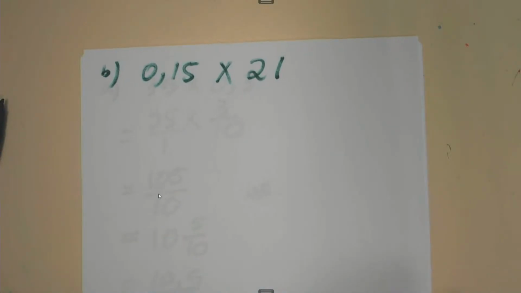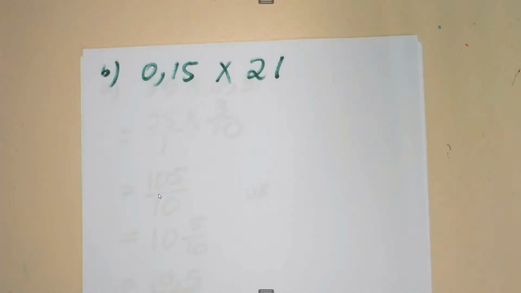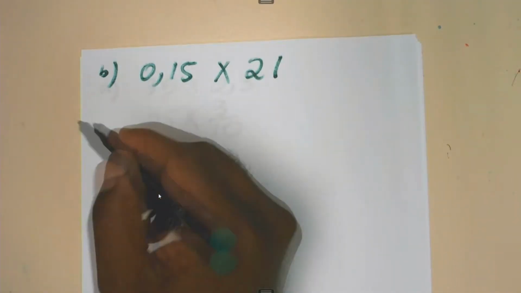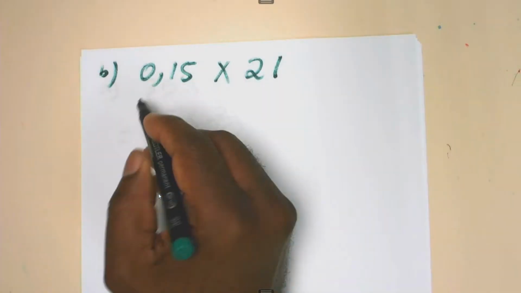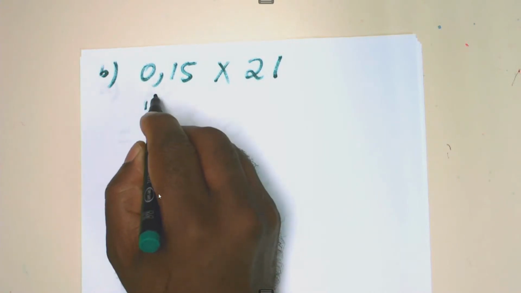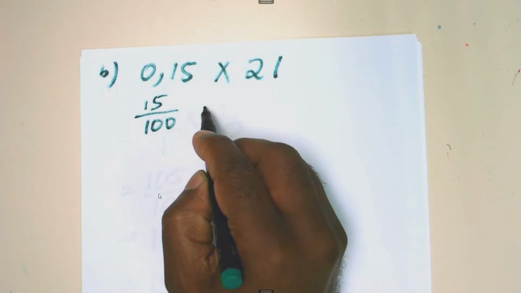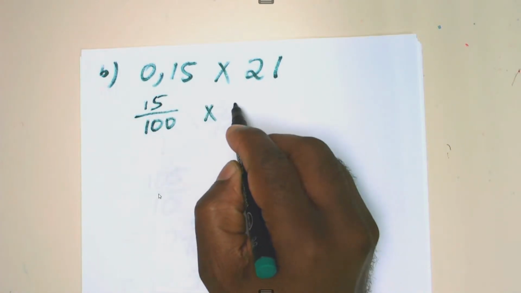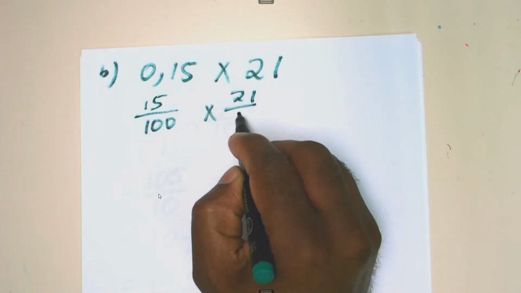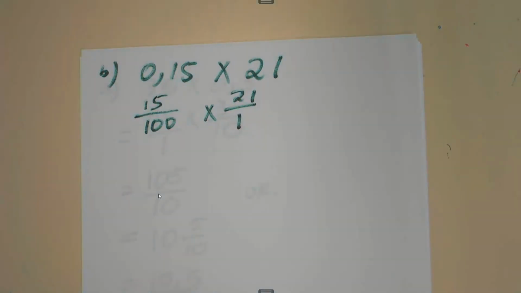Let us go to example number 2, which means you have the latitude of choosing the method that you want to choose. Number 2, again, doing it with the first method, it will be 15 hundredths multiplied by 21, which could be 21 ones.